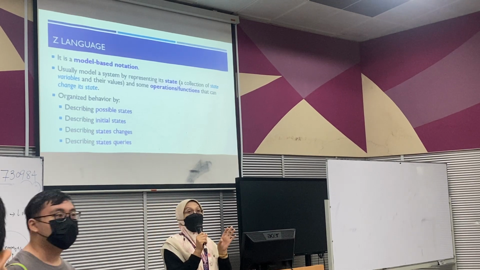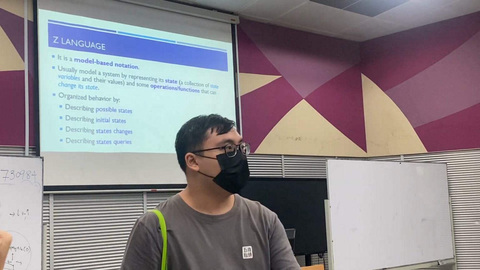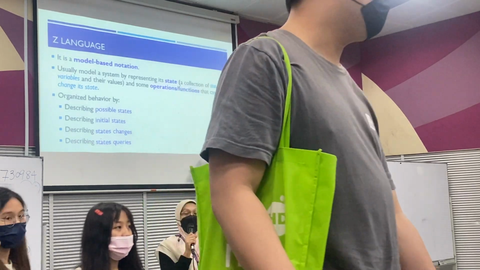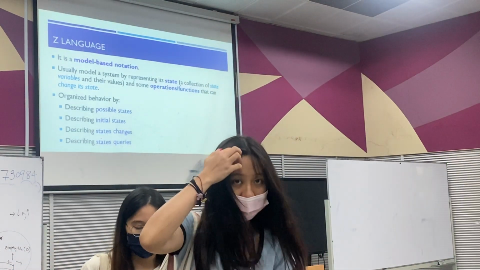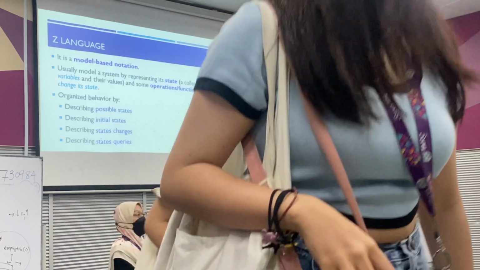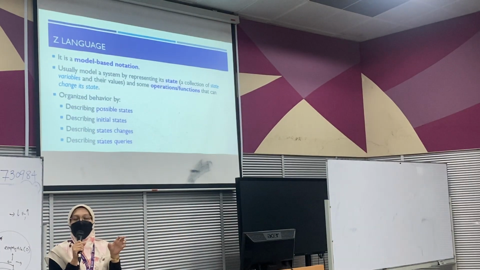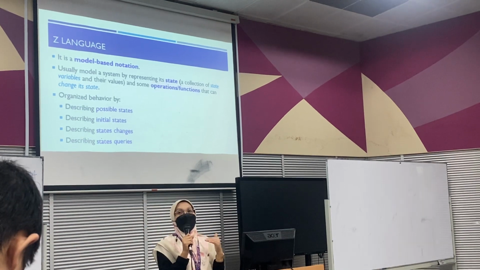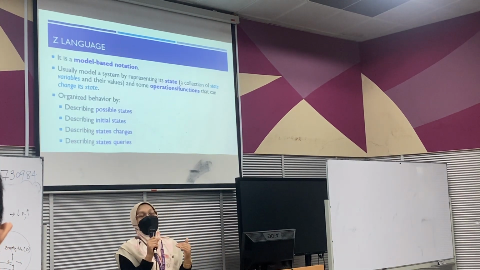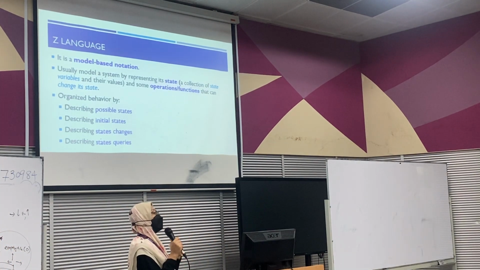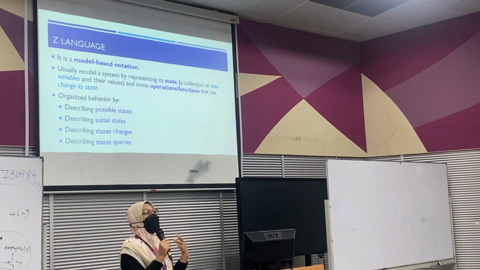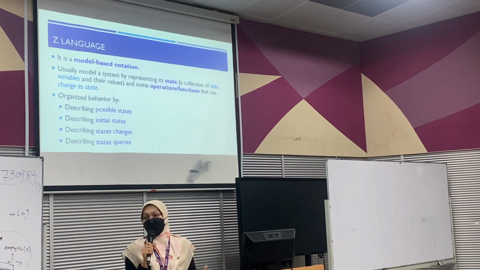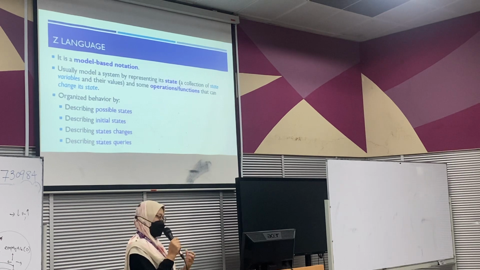That's why for your assignment, normally I will ask you to choose modules and so on. So your state will be the module. We are going to use the module as your state schema. Okay, then after that, your operation. Okay, for your assignment, we will ask you to find 3 operations. Okay, these operations will be the operations that you are going to use to show the behavior inside your system.